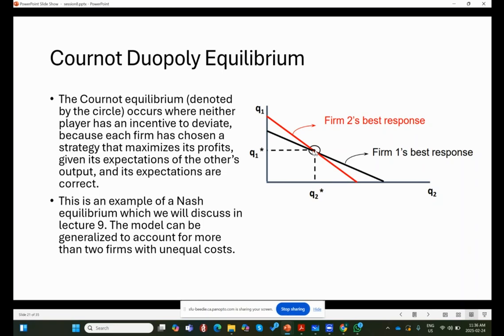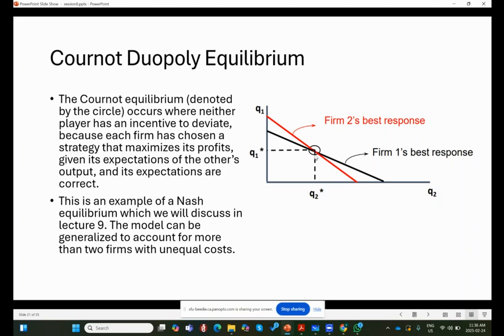So the point Q1 star and Q2 star would be the equilibrium quantity produced under Cournot duopoly. That would be the point each firm would produce, and each firm has no incentive to deviate from this point, right? What's going to happen if they deviate?